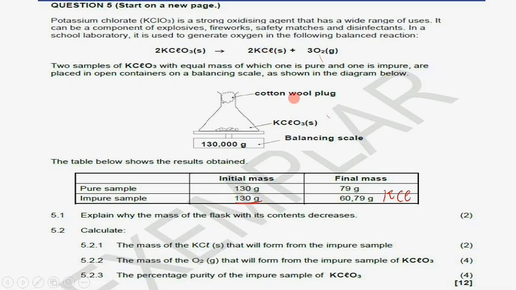So that means in answering 5.2.1 we can just say the mass is 60.79 gram, because remember they told us from the impure sample, right?